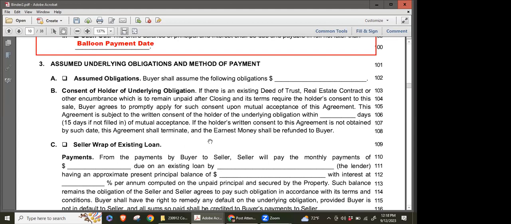and if you're doing a wrap, does everybody understand what that is? I have a loan on my property for, say, $75,000. The down payment is not going to be enough to pay that loan off. So what we set up, and it has to be approved with a loan company, is what's called a seller wrap.